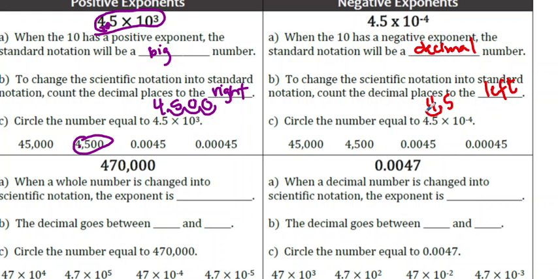So I go 1, 2, 3, 4, and on that last one, I'm going to put a decimal point. Okay, so again, I went 1, 2, 3, 4, so then I can put in 3 zeros. All right, so my answer has 3 zeros and 4, 5.